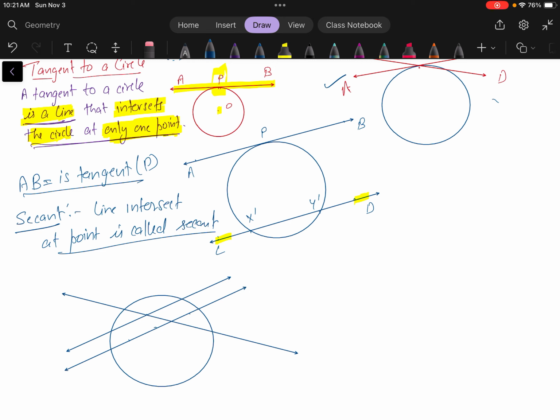Clear? That is the point that we already discussed. So this is case 1.